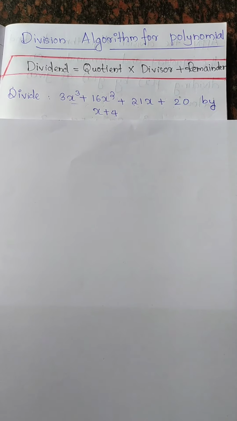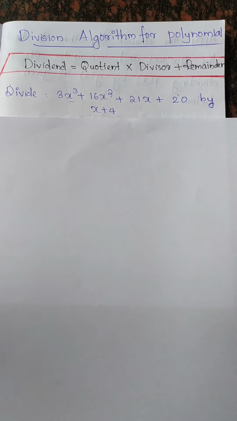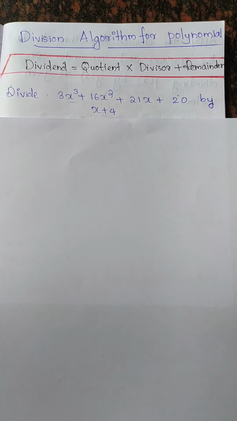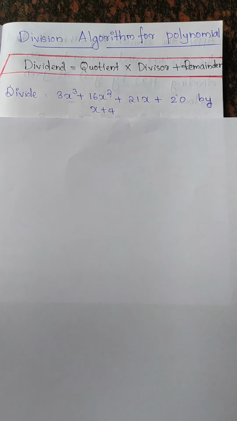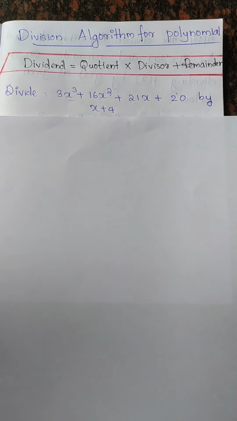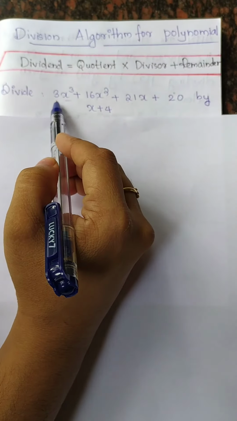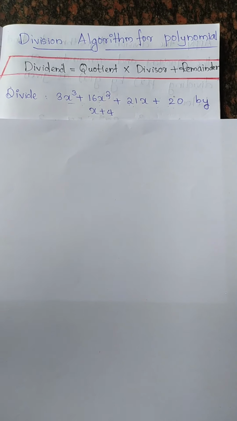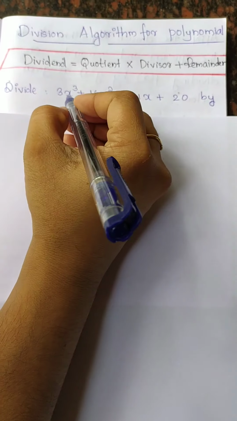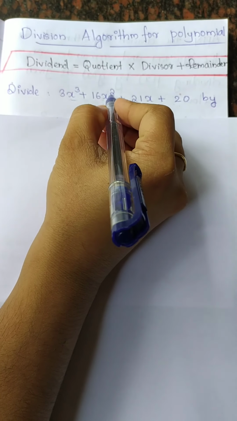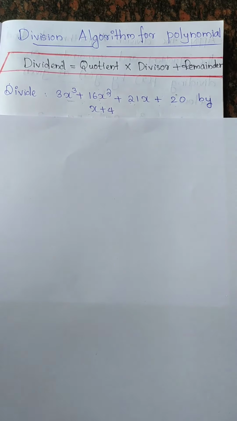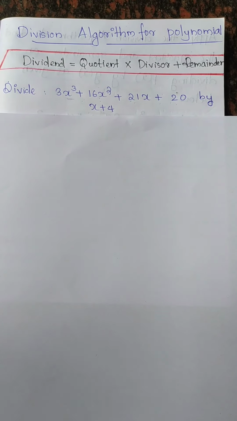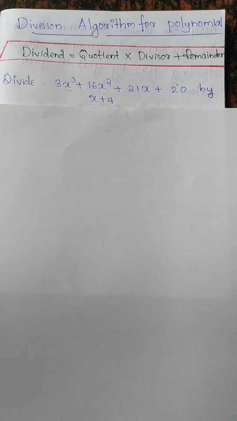First step is to arrange the terms of the dividend in the decreasing order of their powers. Let's look at this one, whether the dividend is in decreasing order of powers. Just look here, power degree 3, here 2 and here 1. Of course, now the dividend is in the decreasing order of powers.